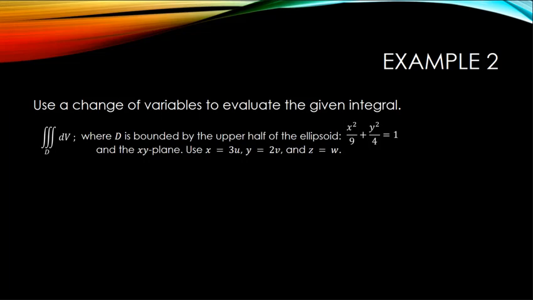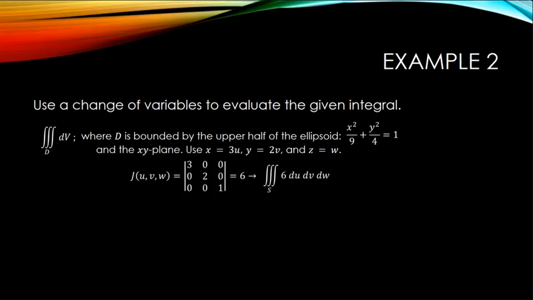I want to use the transformation functions x is equal to 3u, y is equal to 2v, and z is equal to w. My Jacobian of u, v, w is given by the determinant of a 3 by 3 matrix, where the first row is 3, 0, 0, the second row is 0, 2, 0, and the third row is 0, 0, 1. This determinant is equal to 6.